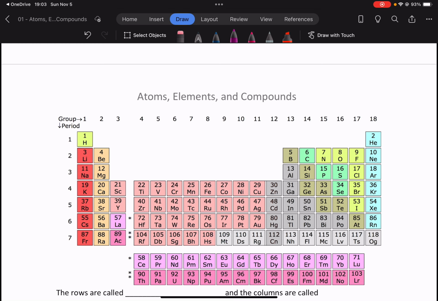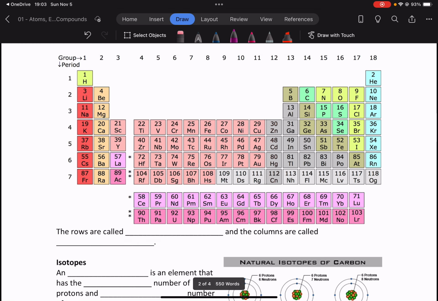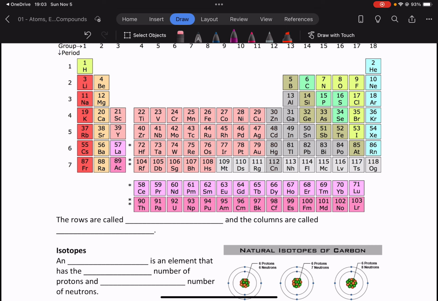Here's the periodic table, and all of these are not found. A lot of those outside of that are just not in nature, and they're man-made. Most of these exist less than a microsecond, especially the heavier ones.